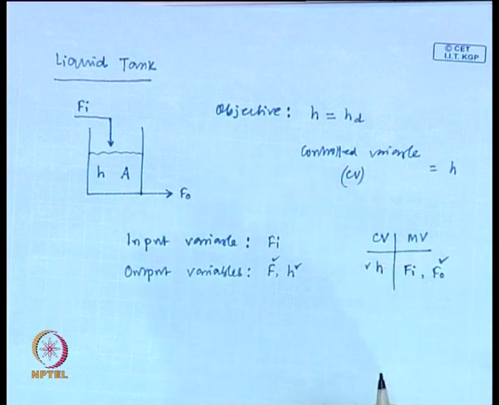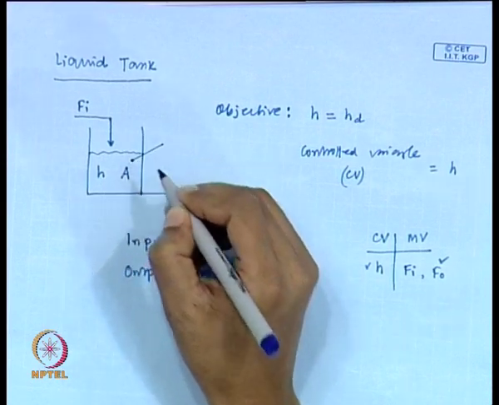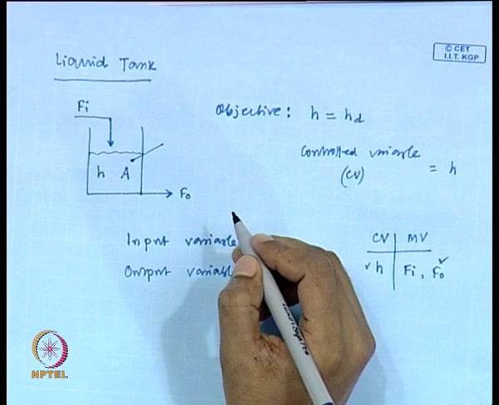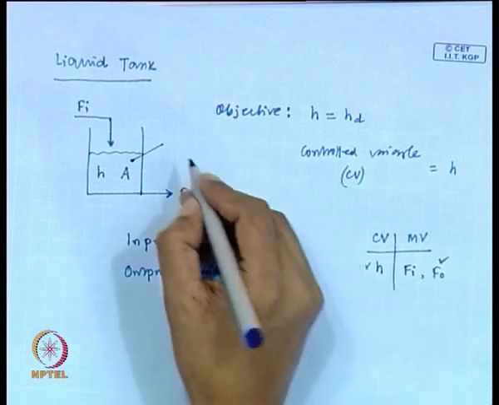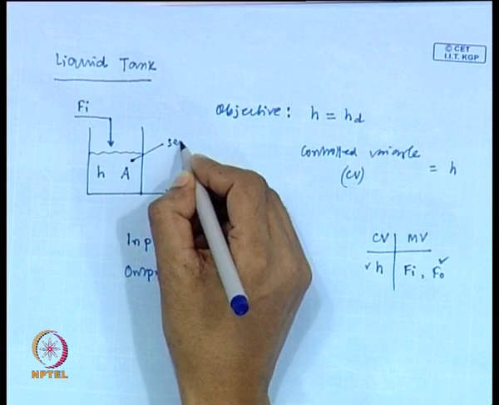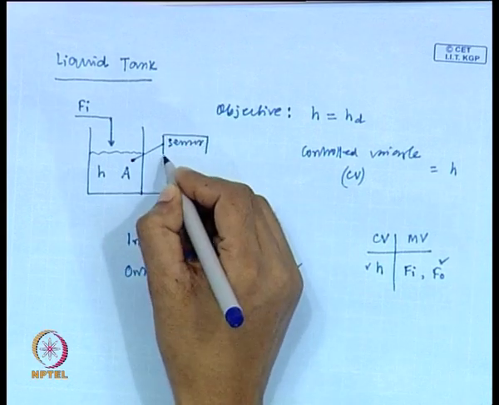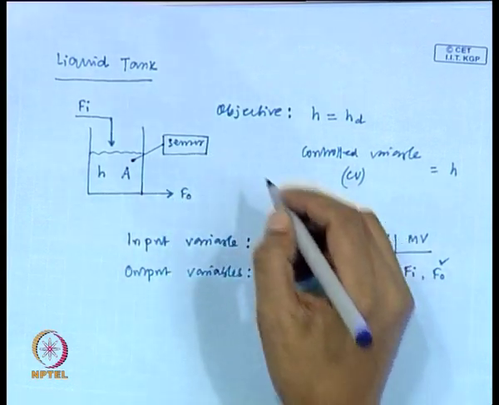height H. So, what will be the control configuration, as we have drawn for the heating tank system? First of all, we need to measure this height by a level sensor. So, here a level sensor we can place which can measure the liquid height.